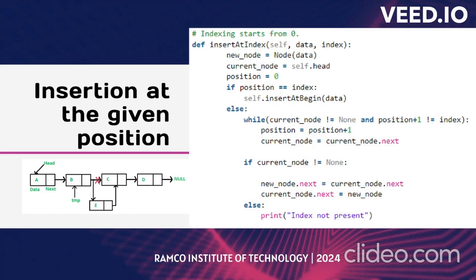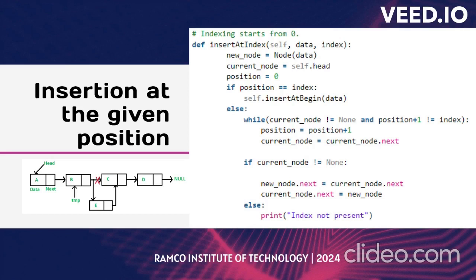We will see that in the bottom lines. In every iteration we have to increment the position as well as change the current node. So first time it will be A, second time it will be B, likewise. While returning from this loop, if the current node is None, it means the index is not present.